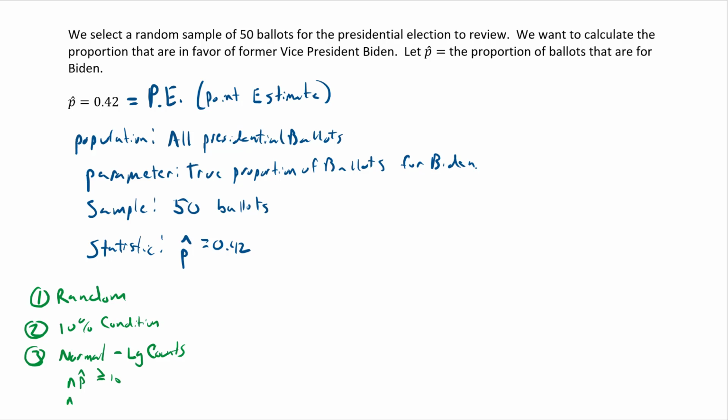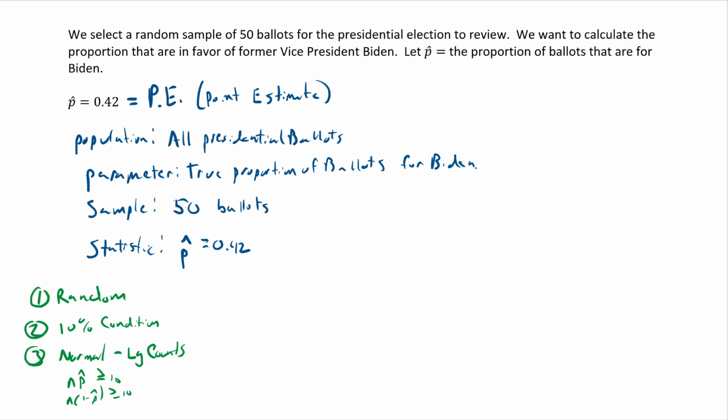And our sample size times 1 minus p-hat, and whether that is also greater than or equal to 10. So the 10% condition allows us to use our formulas for calculating this data, and the large counts describes the shape of the distribution, whether it's approximately normal or not.